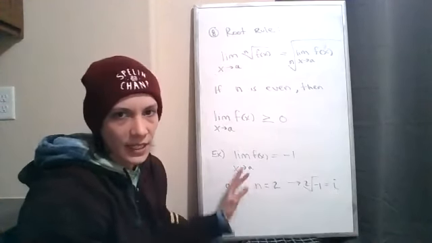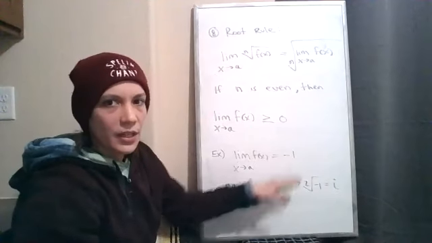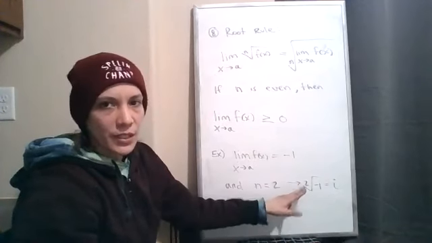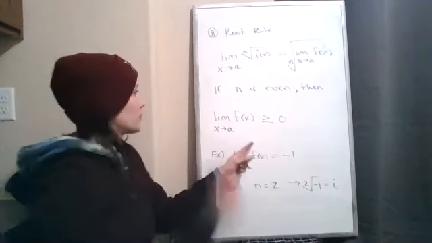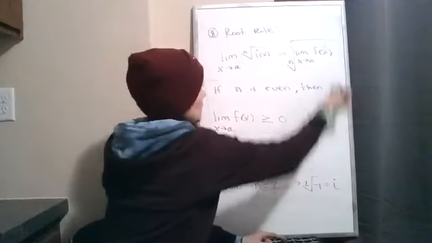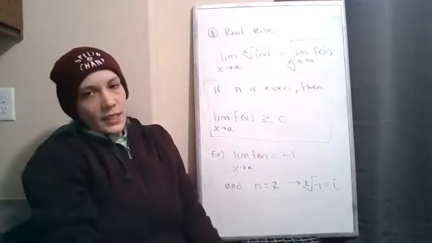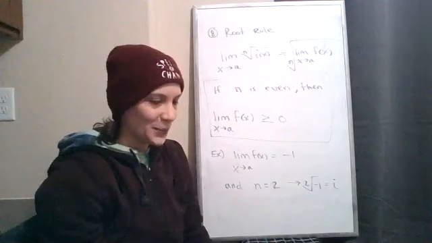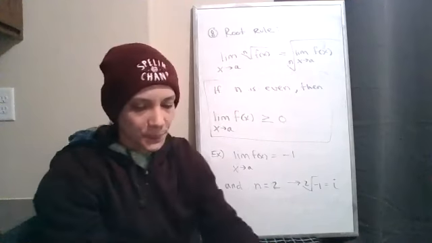So what I'm trying to say is we don't want any negative numbers underneath even roots. So this is why there's a little note on the side. Let's call it good. So examples next time.